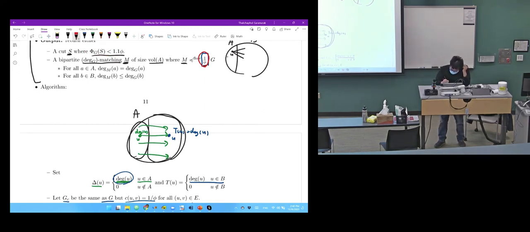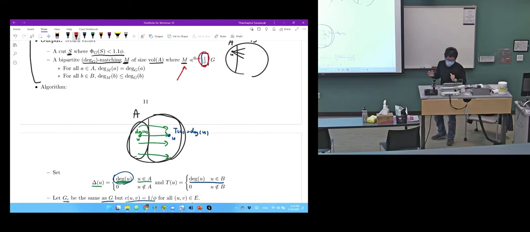If there is some sparse cut which is phi-sparse... So what I say is not quite the case. What I can say is not about embedding a matching.